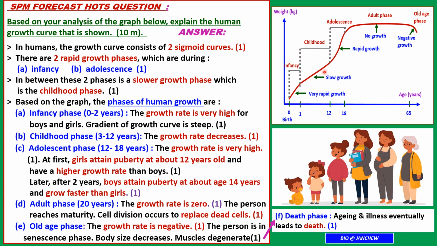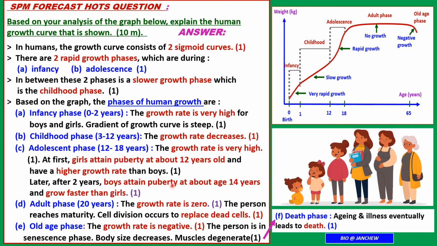Then during adolescent phase, the growth rate becomes very high again. Now, at first, girls attain puberty at around 12 years of age, and they have a higher growth rate than boys, okay? So this is very obvious, especially when the students are in Form 1 to Form 3. You see that the girls are taller and bigger size than the boys, because they have attained puberty, but the boys have not during those years.